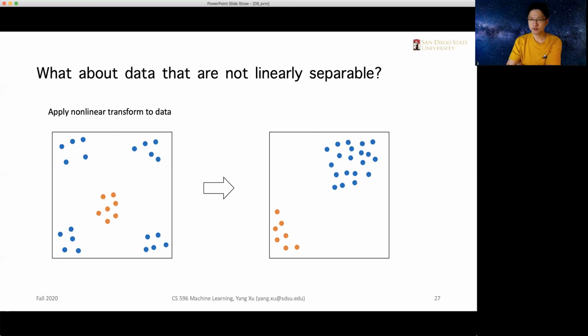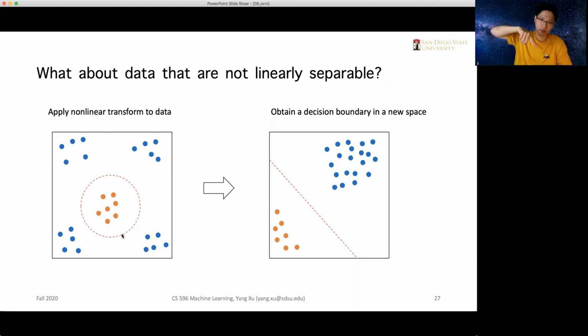And in this transformed space, we can draw a linear line. So we have a boundary in this transformed space. And what we can do next is to transform this boundary in the new space back to the old space. So in the old space, we will have a non-linear decision boundary.